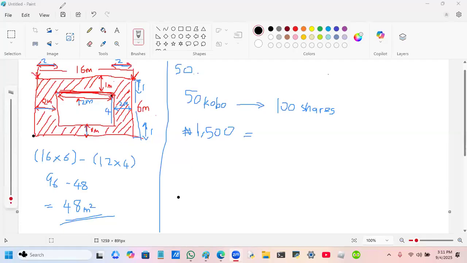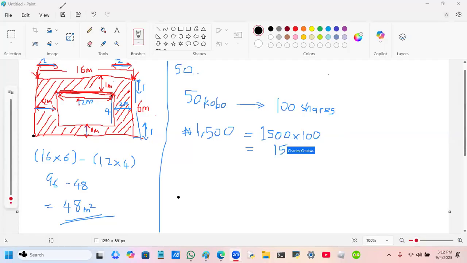What do you do to change naira to kobo? Right. 1,500 times 100, because 100 kobo makes a naira. It is multiplied by 100, and anything that you multiply by 100 is as good as just adding 2 zeros to it.